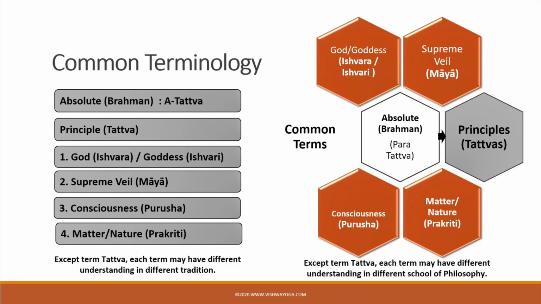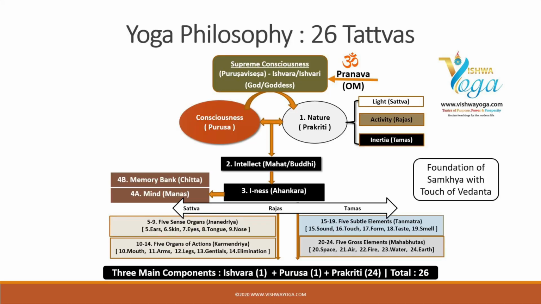Please keep in mind that some common terms such as Purusha and Prakriti of Samkhya have slightly different interpretation in Tantra. To understand this concept, you can watch my other videos on the common terms used in Vedic and Tantric philosophy. You can also now see how yoga philosophy is contained within the Tantra philosophy, leading to the same absolute or the universal mind.